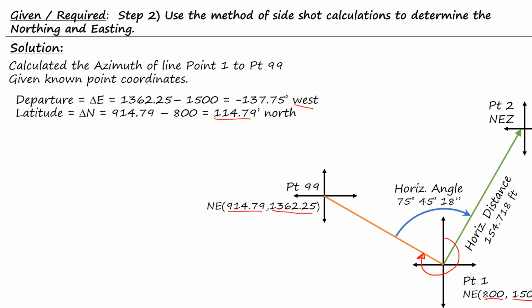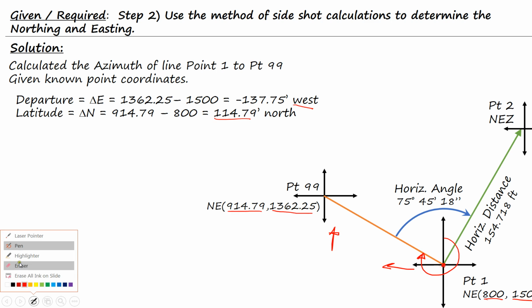Remember, when departure is negative, if I'm going from point 1 to point 2, and I draw myself a picture, I can visually see I am going west and I'm going north from point 1 to the point of our azimuth. Okay? Now I'm going to erase all that.